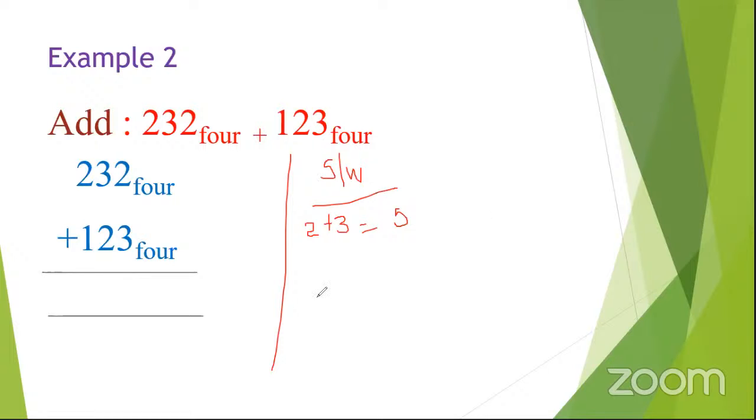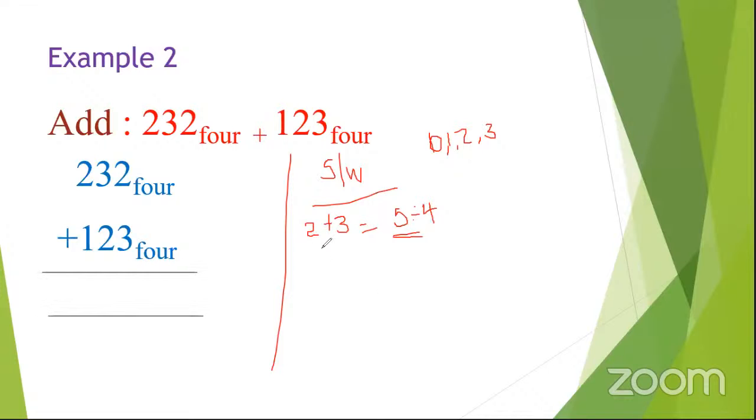I'll be answering them. So when you get answer 5, you realize that in base 4 we have the digits 0, 1, 2, 3. These are the only digits that are used in base 4. So what do we do to this answer? We divide it by the base name, which is 4.